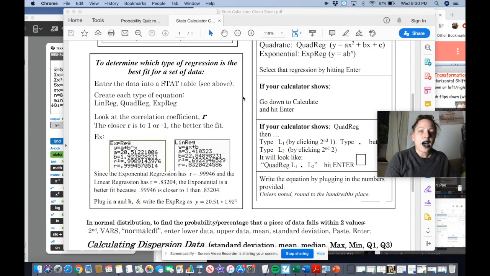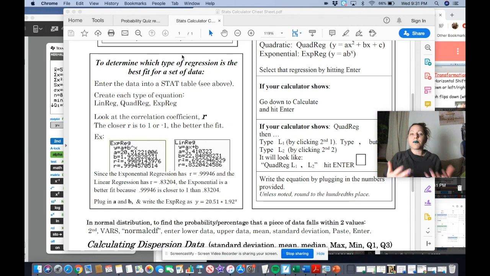Okay. On this side right over here, this determines which type of regression is the best fit. So for example, if you have a scatter plot and a bunch of points representing data that you've been gathering, maybe the temperatures, or maybe different data about how many people are going out without masks on right now, you would plot all of that data, and then you'd want to see what would be the best model for this data: a linear, straight line, an exponential, a quadratic.